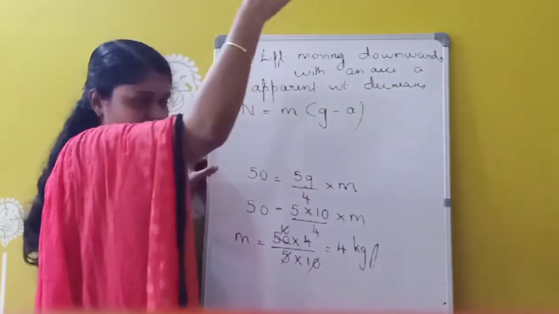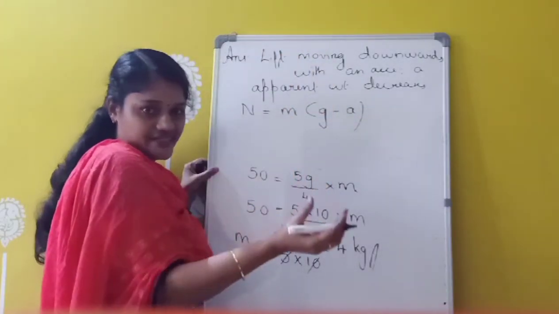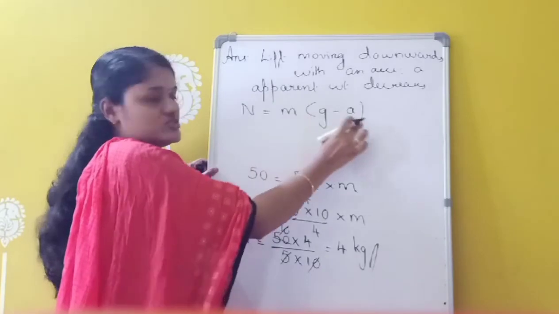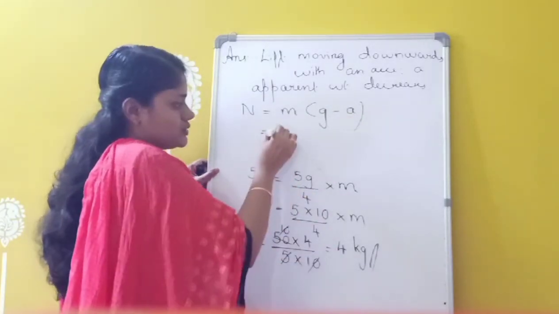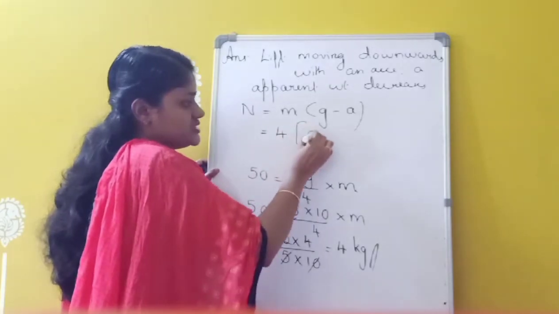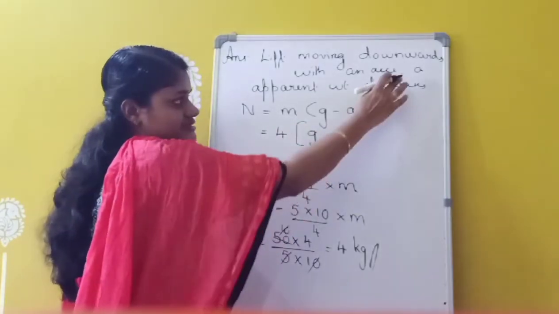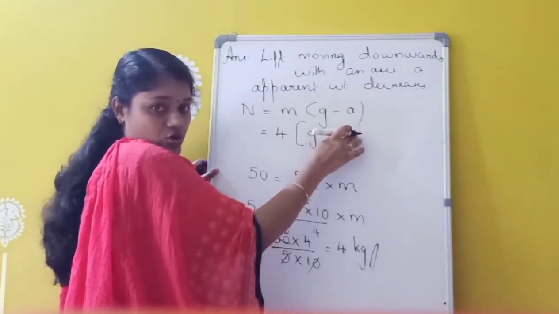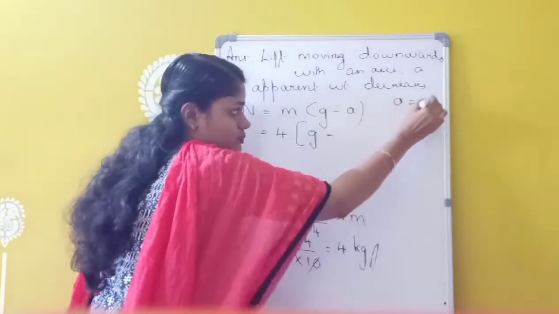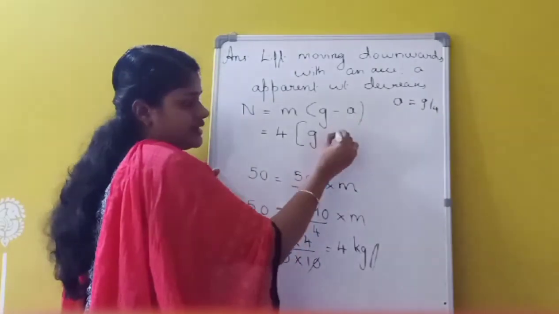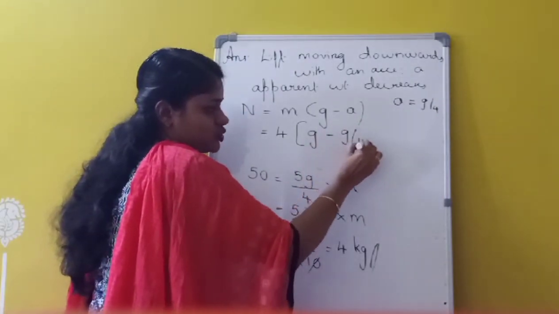So whenever the lift is moving downward, apparent weight decreases. That is m, which we got as 4, into g minus a. Here this lift is moving downward with an acceleration of g by 4 only, so a equals g by 4. Instead of a, I am putting g by 4.